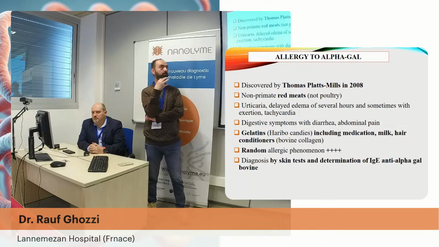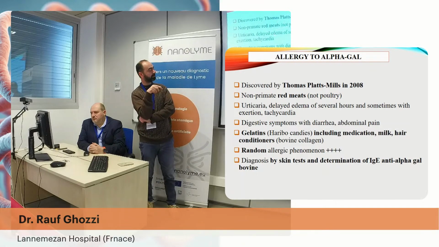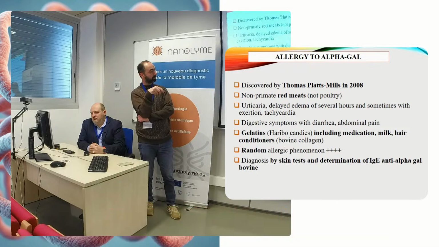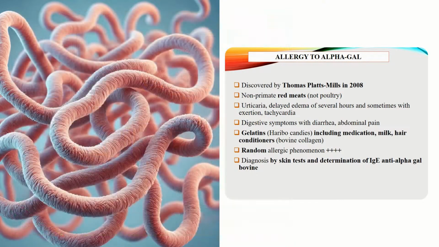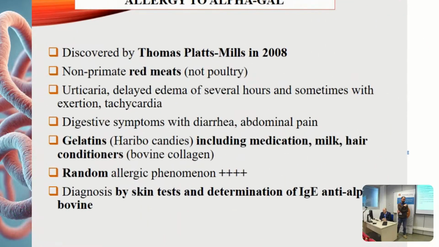When you eat red meat, you can develop allergy with digestive symptoms and urticaria. But as you can see, it's not only with meat; with medication or gelatins, you can see the same.